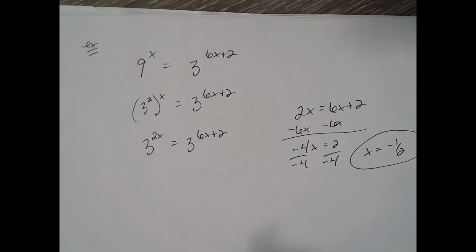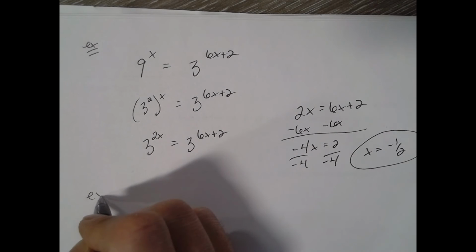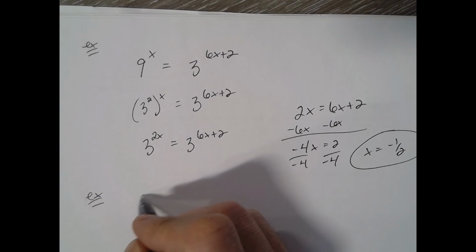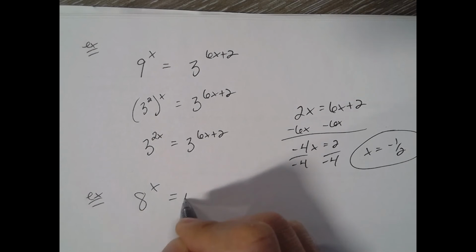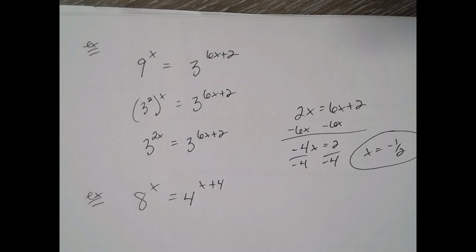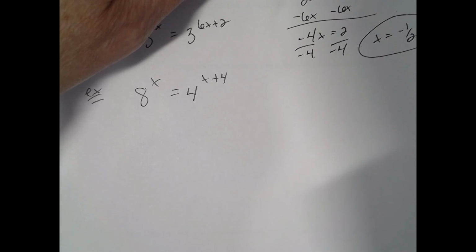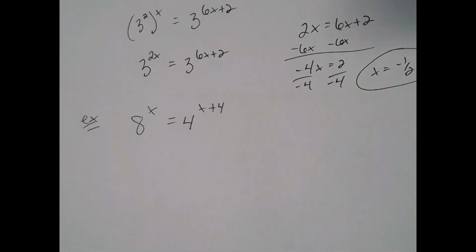How about 8 to the x equals 4 to the x plus 4? Try that one. Figure out what the base is going to be. I'll give you a hint. The base is not 8 or 4. Okay, we're using 2 as our base.